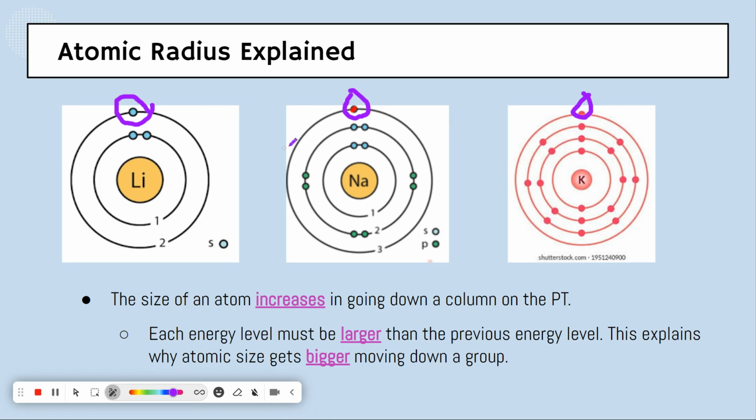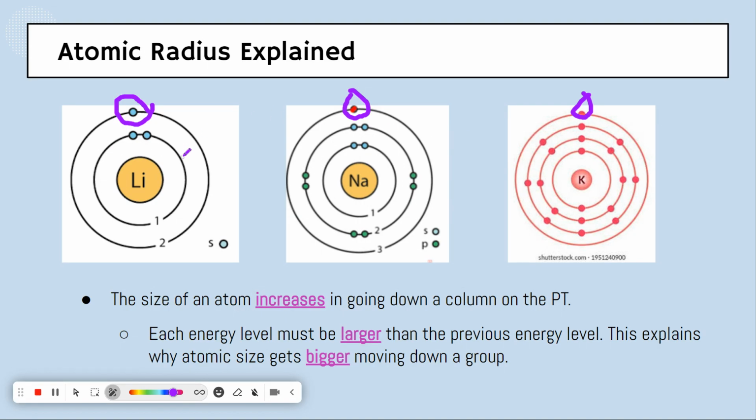So lithium, sodium, and potassium all have one electron in their outermost energy level. That doesn't change, so that will not explain why the size changes. And what happens to the size is it increases as you go down.